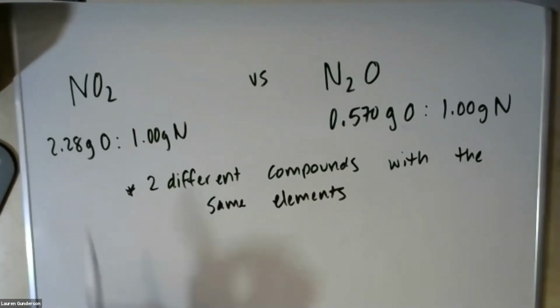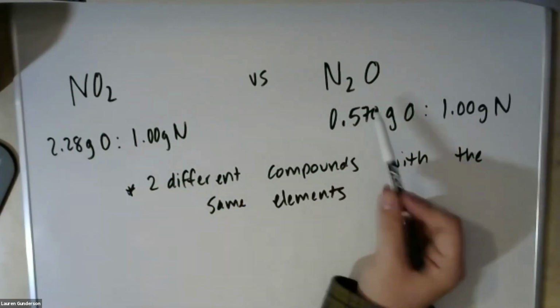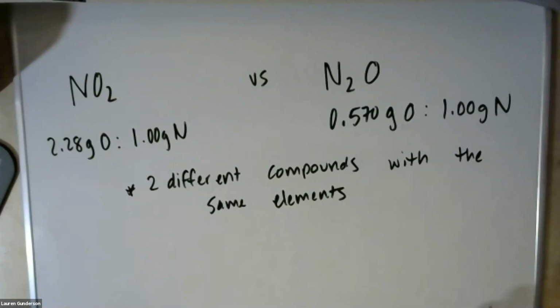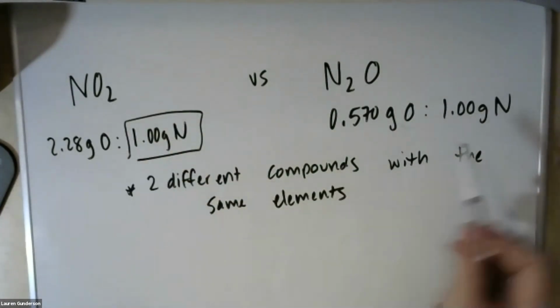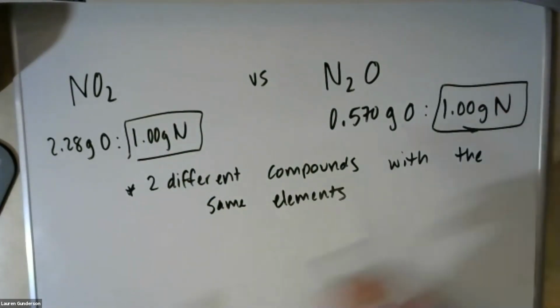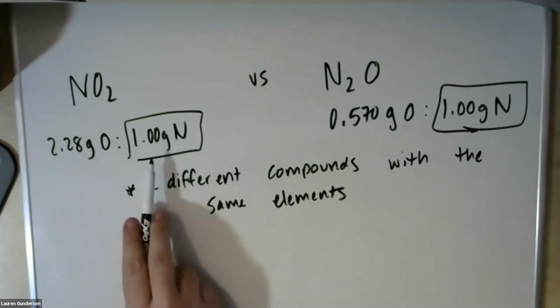Okay, so in this case, NO2 and N2O are two different compounds, right? They have different amounts of nitrogen and oxygen in each one, but they're both made up of the same elements. So what we're going to do is, you see both of these ratios are set so that they're comparing the oxygen amount to 1 gram of nitrogen.